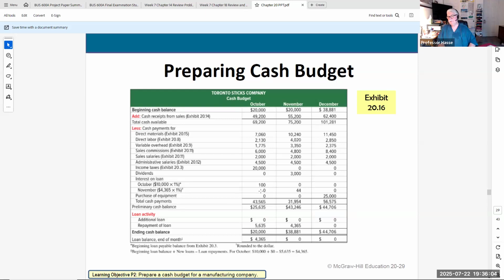And if you're going to be an entrepreneur or run your own business, this is the biggest sticking point in small businesses, cash management. Do they have enough cash to meet their payroll, their taxes, their vendors? And if they don't, how do they manage that? How do they keep track of it? And the cash budget is huge.